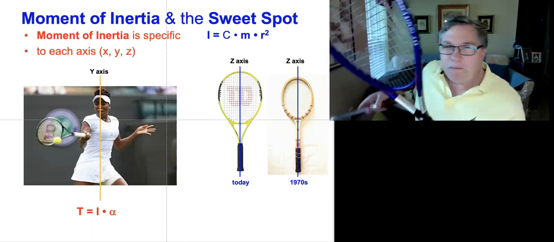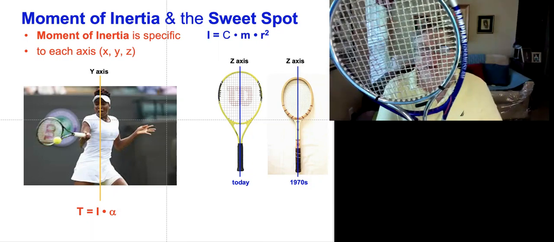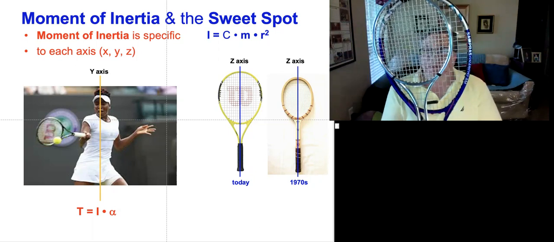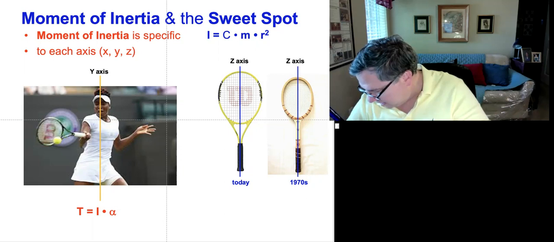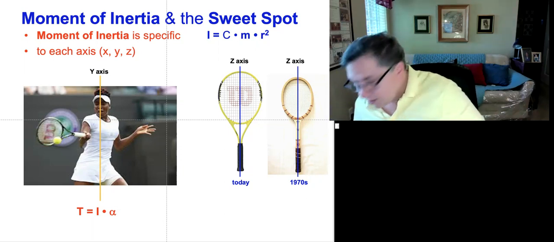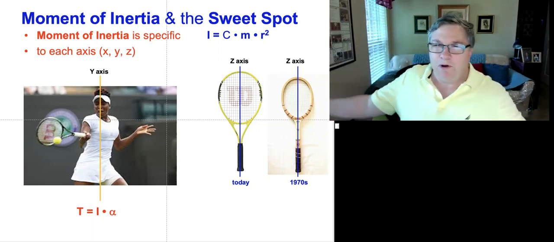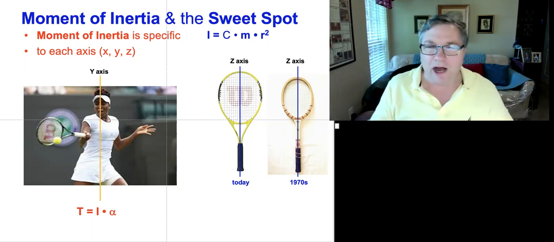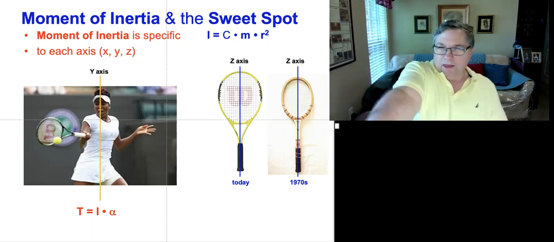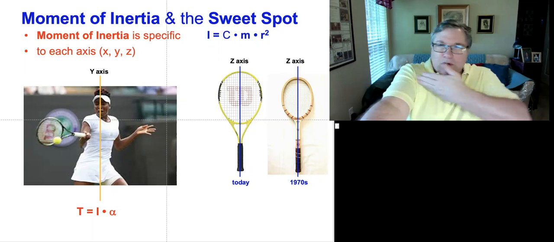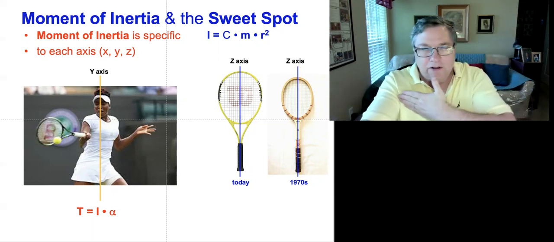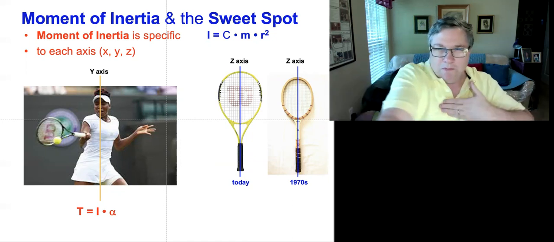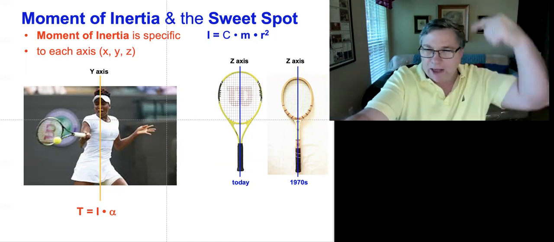So when you compare that old wooden racket that you see on the screen, or this steel racket, and today's titanium racket, when you're swinging a forehand shot and the racket's in front of you, we'll say that my body's in the frontal plane, even though we're rotating around the y-axis.